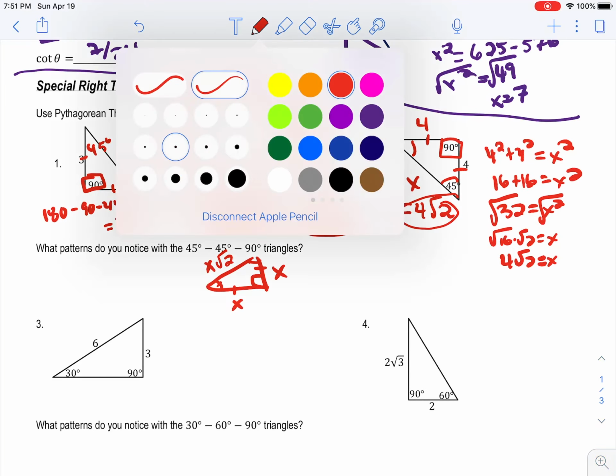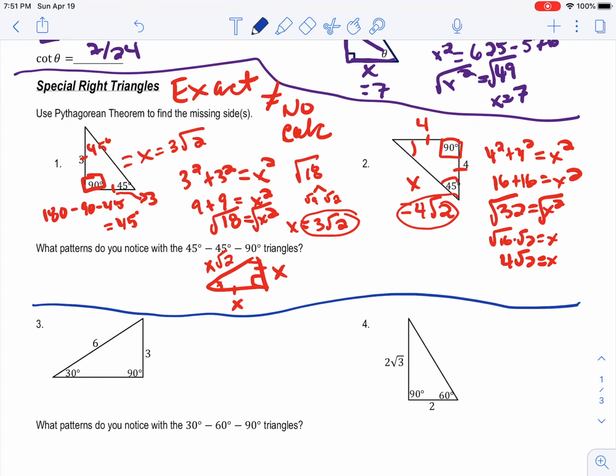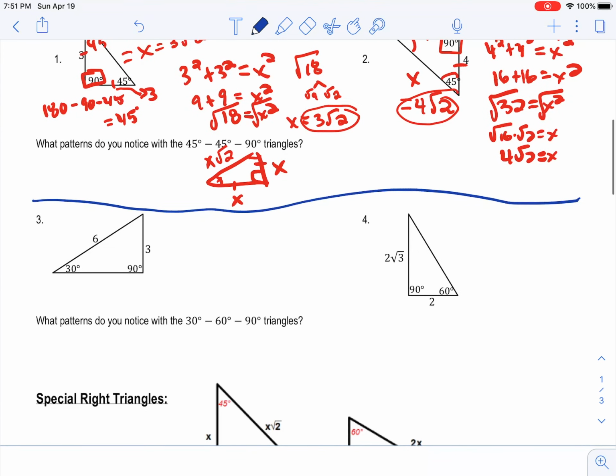Okay? So now, let's look at our 30, 60, 90. Okay, so if this side is 60, I just gave the answer. If this side is 90, then 30 and 60 would have to be 90 for 180.